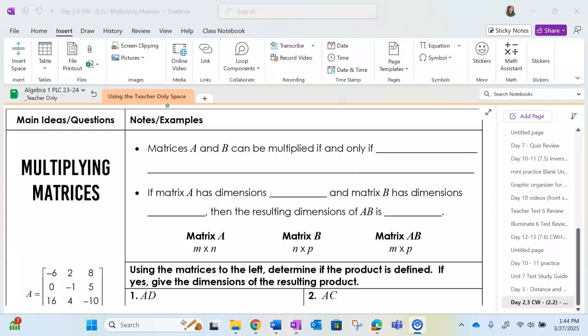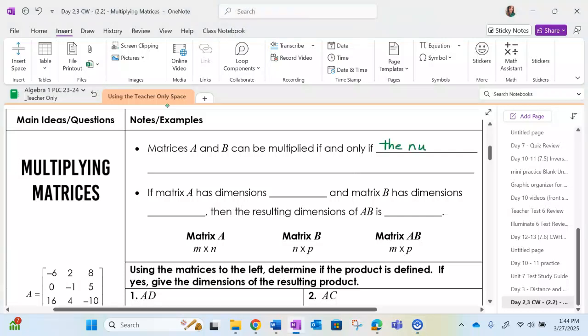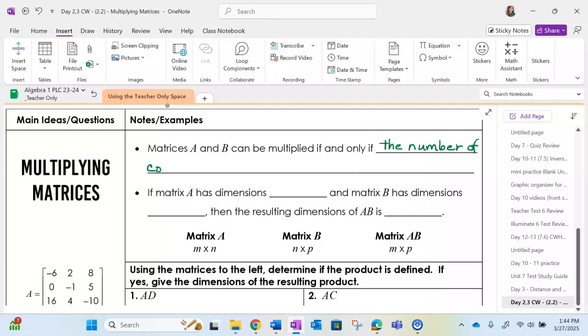So we're going to start off by saying matrices A and B can be multiplied if and only if the number of columns in matrix A is equal to the number of rows in matrix B. Okay, that's what it has to be.